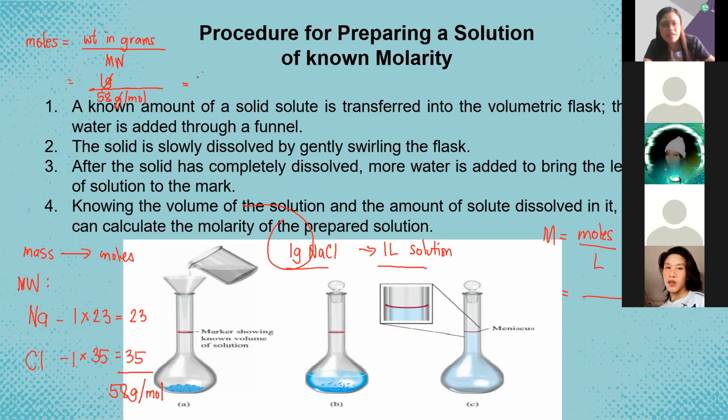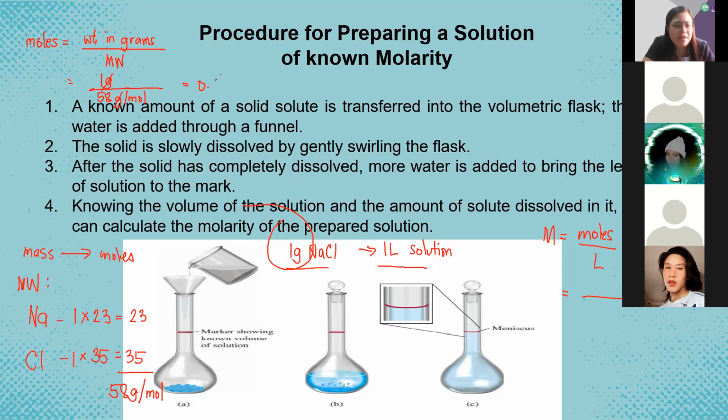So, pwede na tayong mag-proceed after if meron na tayong mole. So 1 divided by 58. What was my instruction? Please do not round off during the process so that we will have a more accurate na result for the computation.